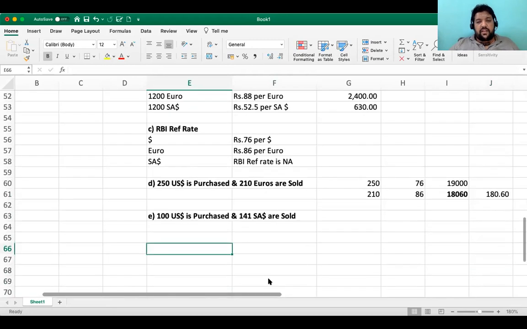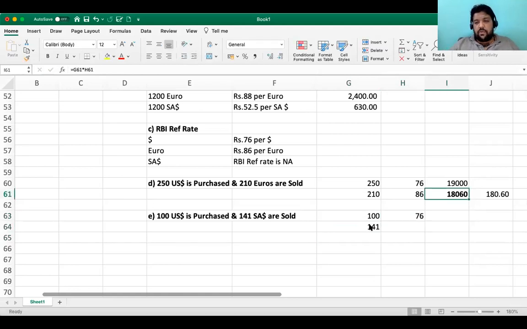See, as far as E is concerned, you had $100 and 141 South African dollars. So for $100, you'll have the RBI reference rate, which is 76.